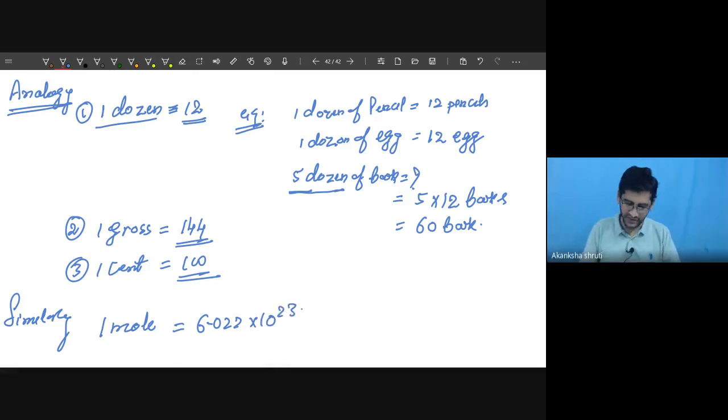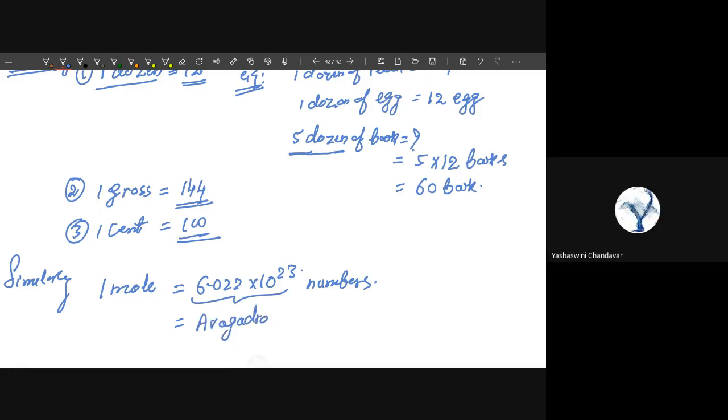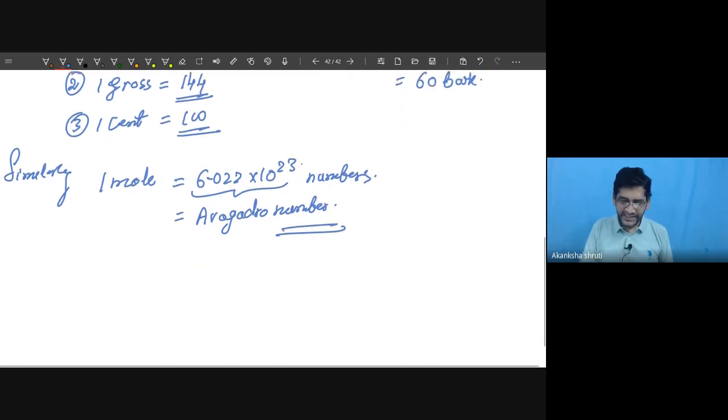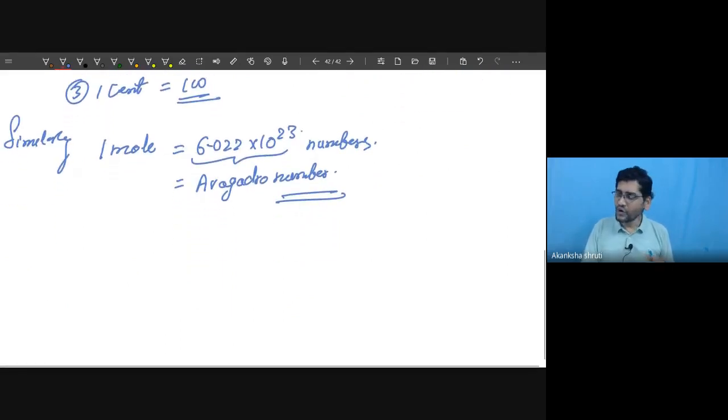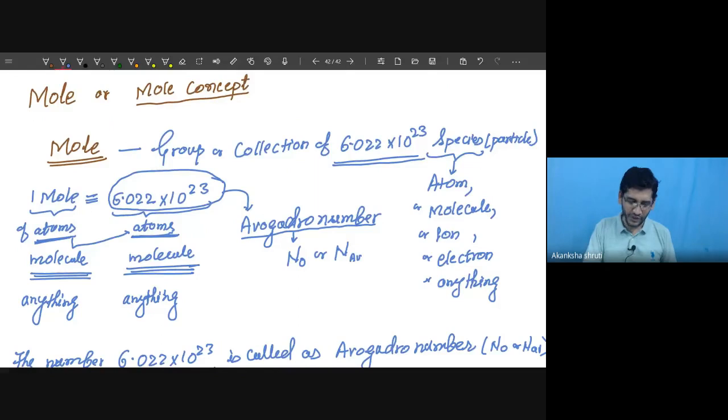We need to consider this much numbers. This one is also called Avogadro number. Okay, students, very easy to understand. 1 mole simply means a collection of 6.022 into 10 to the power 23 species or particles of any particular thing.